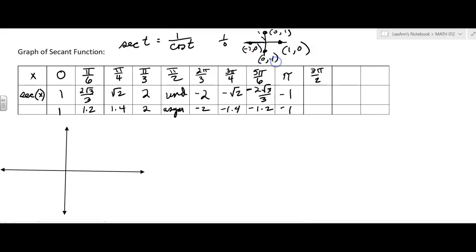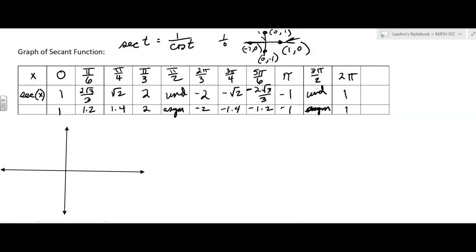Sometimes it's helpful to draw out the quadrantal angles. So that's going to be undefined, which gives me another asymptote. And then we would be back to 2 pi, which is the same as 0, so we're going to have a secant of 1, and the decimal approximation is 1.